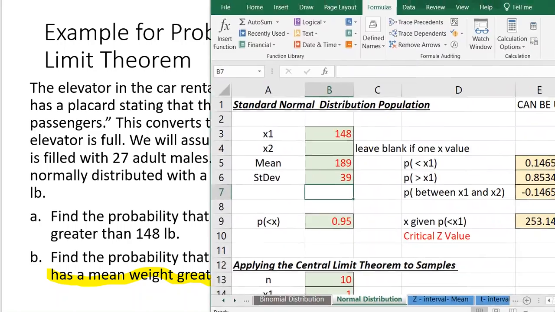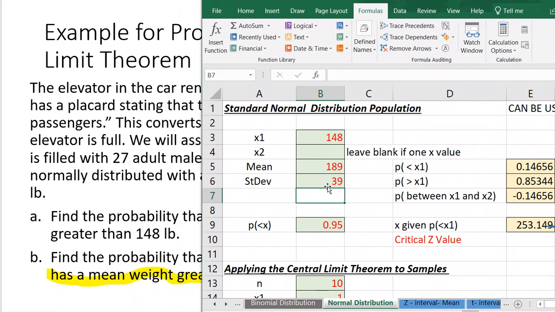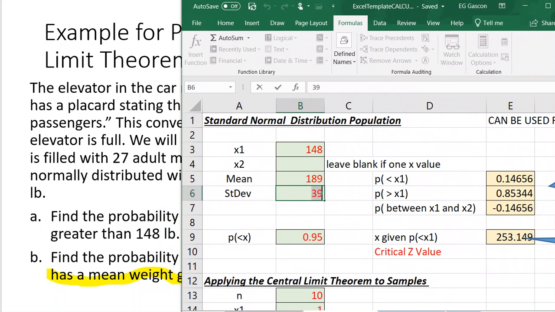Okay, well, the central limit theorem says that what you need to do is to change the standard deviation and not use 39, but use what's called the standard error, which is 39 divided by the square root of n. And in this case, there are, we said, 27 people in this elevator.